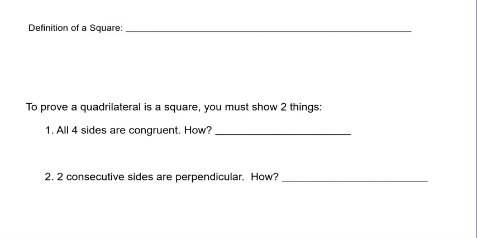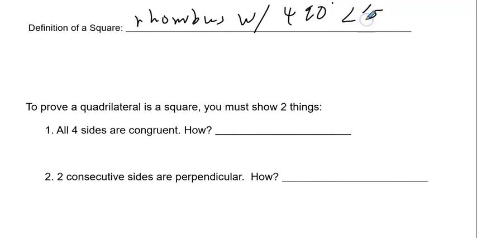Now, a square, we could just say it is a rhombus with 4 90-degree angles. Okay? Because we already know what a rhombus is. Now, can we say a parallelogram?